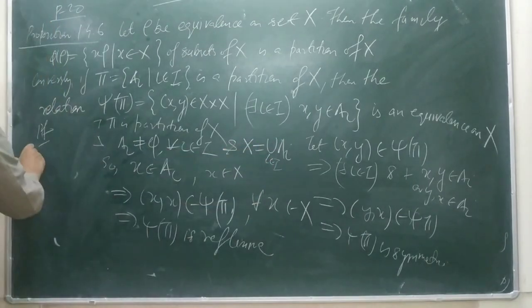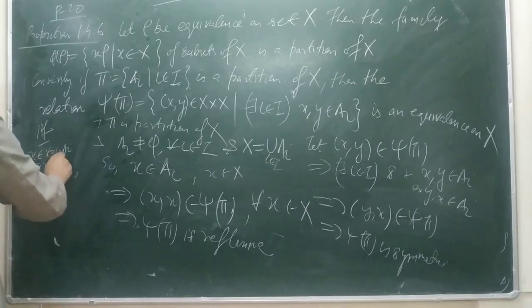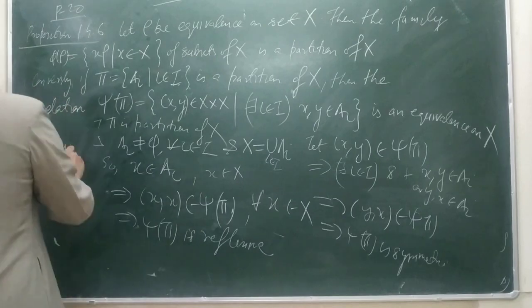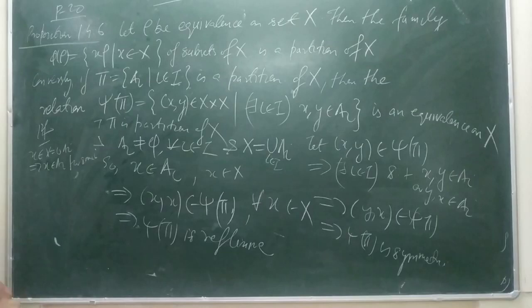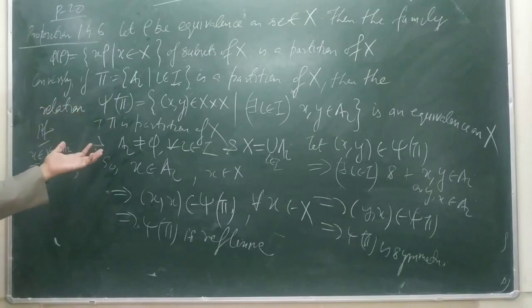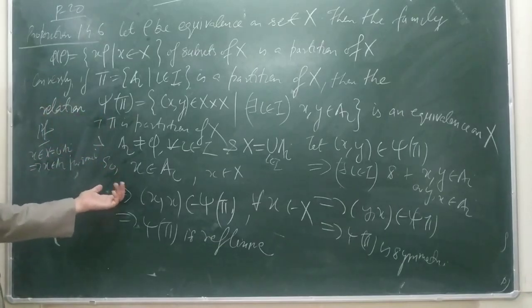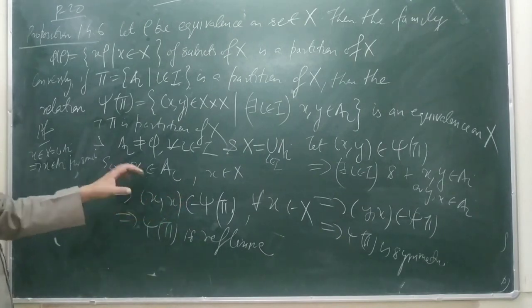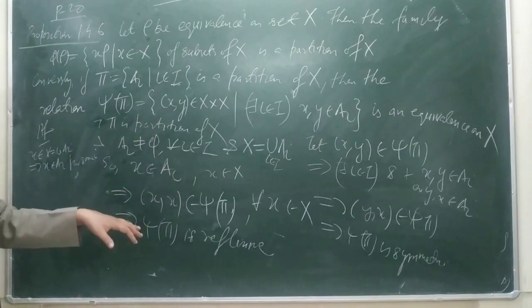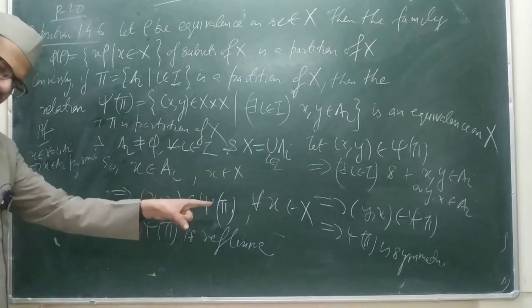Since x belongs to the union of ai, it implies that x belongs to ai for some i. So every x in X goes in some ai, and when it goes in ai, we know that (x, x) will of course go in psi pi. So in this way all x are covered. So (x, x) belongs to psi pi for every x belongs to X.